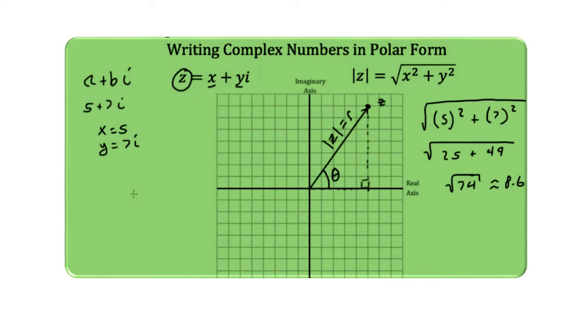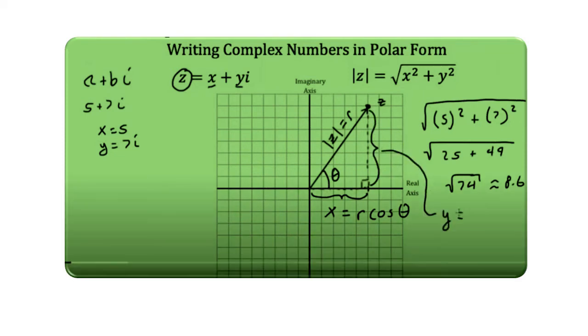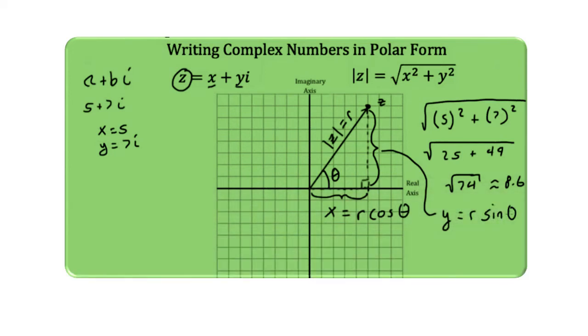Remember, when you convert from rectangular to polar coordinates, this x value here is always equal to r times the cosine of theta, our hypotenuse length times the cosine of this angle, and our y value is always equal to r times the sine of theta.